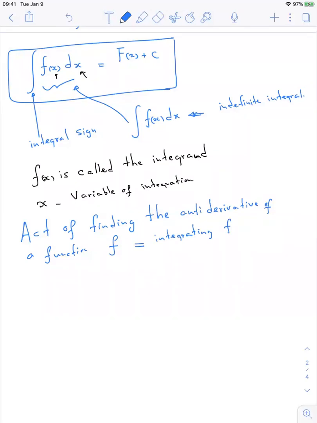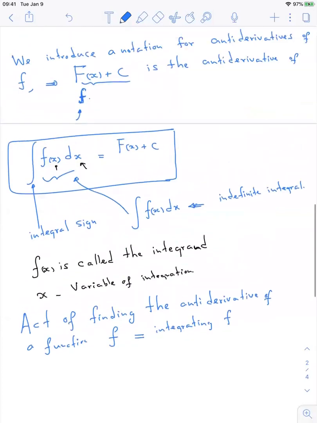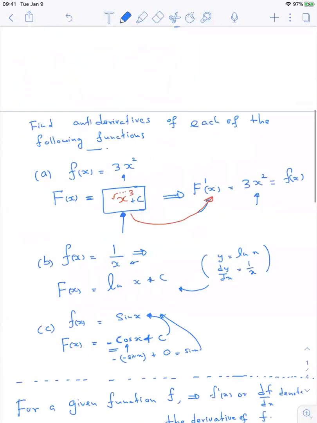The problem is when you try to find these antiderivatives, when the function gets complex, it is not easy to find them. Because of that, there are different techniques that mathematicians use to find these antiderivatives.